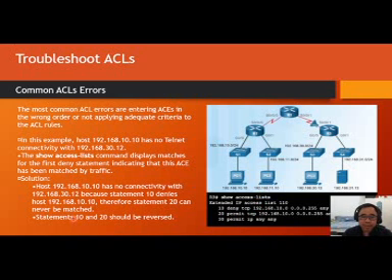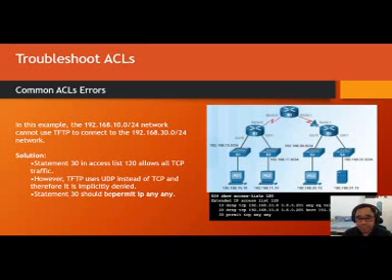The host 192.168.10.10 has no connectivity with 192.168.30.12 because statement 10 denies host 192.168.10.10. Therefore, statement 20 can never be matched. Statements 10 and 20 should be reversed. Here's also another example.